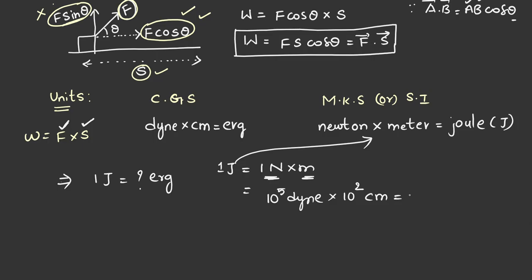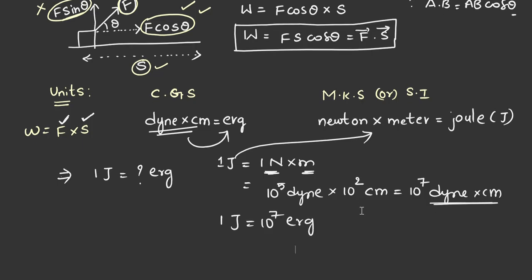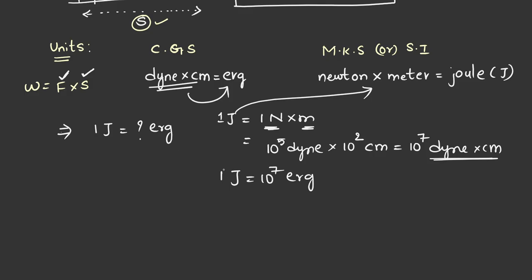We can write it as 10 to the power of 5 multiplied by 10 to the power of 2, which gives us 10 to the power of 7 dyne into centimeter. Therefore, 1 joule is equal to 10 to the power of 7, and dyne into centimeter can be written as erg. Therefore, 1 joule is equivalent to 10 to the power of 7 erg. This is the conversion of SI unit into CGS unit.